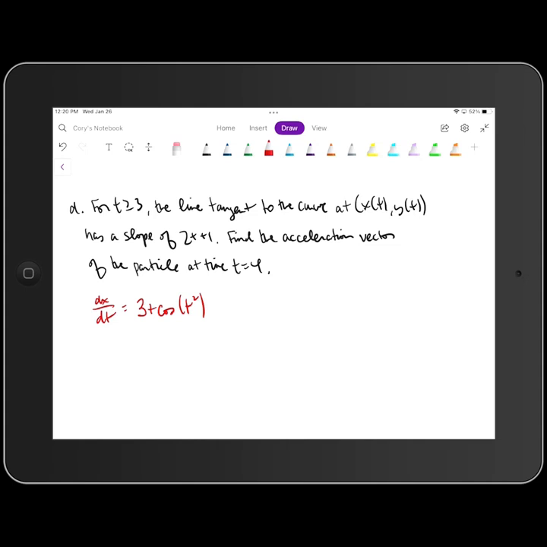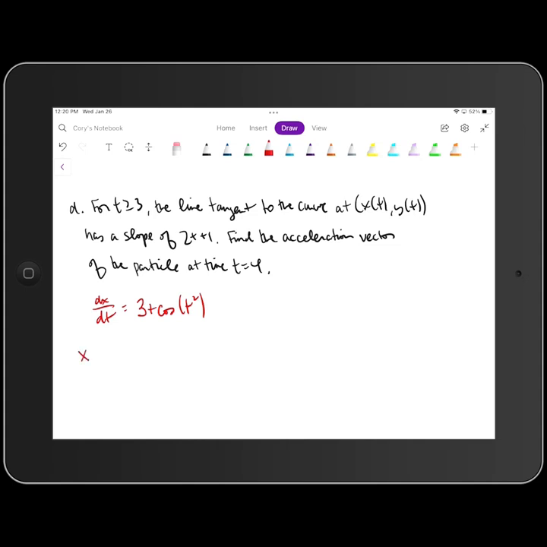Now, can you take the derivative of this by hand? Absolutely. But I don't want to do that here because I can take a derivative more quickly on my calculator. So if we input that function, you can, on your calculator, calculate the numerical derivative and then evaluate that at time t is equal to 4.